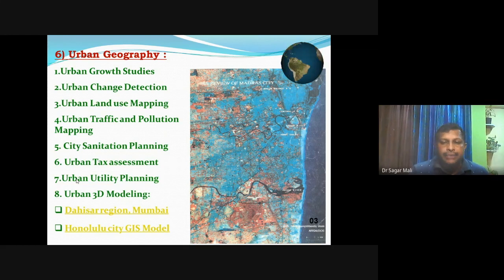In one click we can get all the information about a city. If the tax is pending, we can send them a notice. That magic is happening because of the spatial and non-spatial integration of data in the GIS platform. GIS simply means the combination of spatial data and non-spatial data.